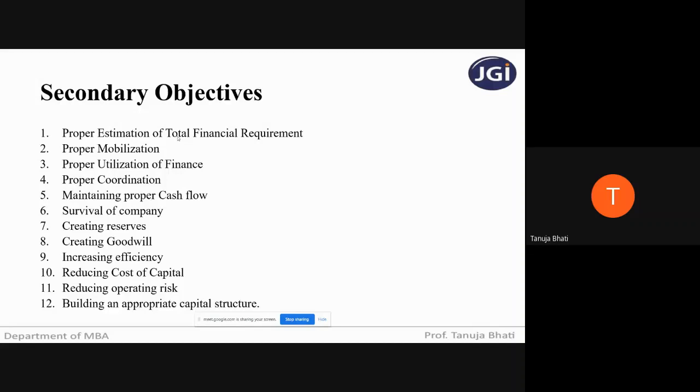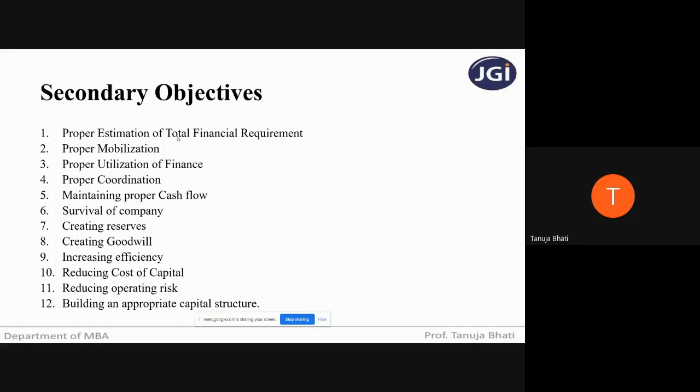You have to properly mobilize that amount into the different expenses or investments in which you have to utilize it. If it is in your wallet, that doesn't mean it will automatically go to the area where you want to invest. So you have to make sure that the finance flows from your wallet to that particular area where the investment of funds is required.